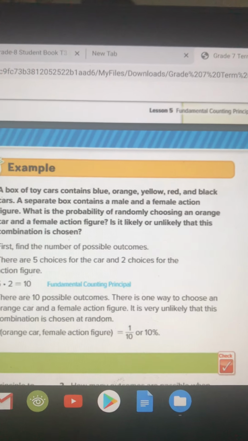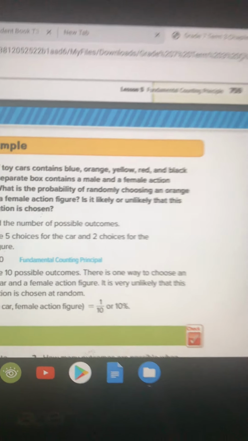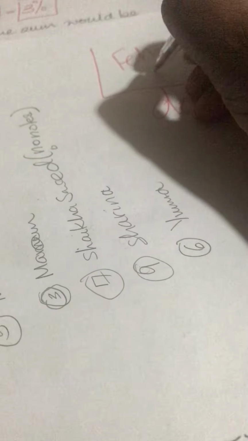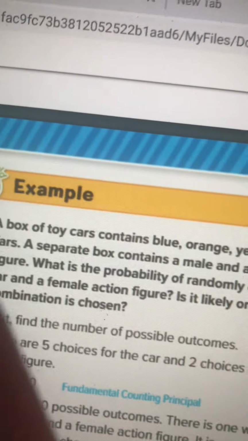Okay? So you have two boxes. Here you have cars. Here you have dolls. So you have a female doll, like a girl, and a boy doll. So those are called figures. See, female action figures, another name for dolls.